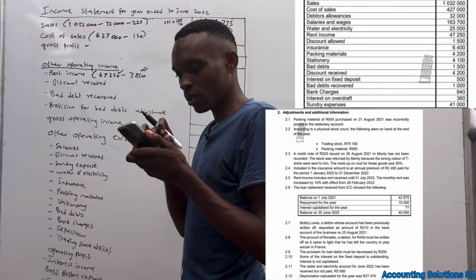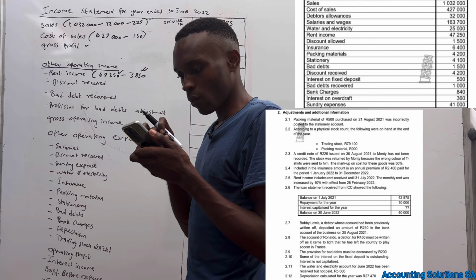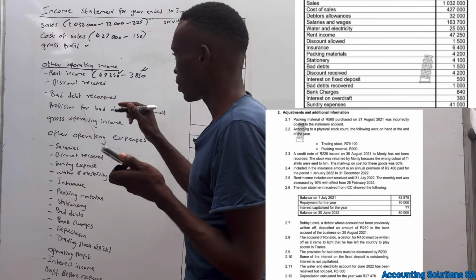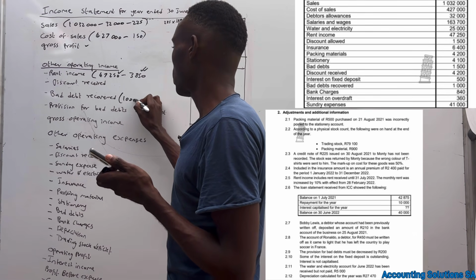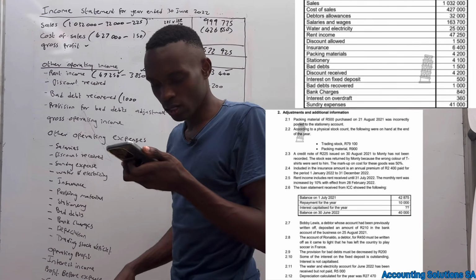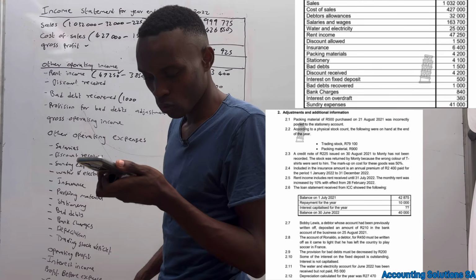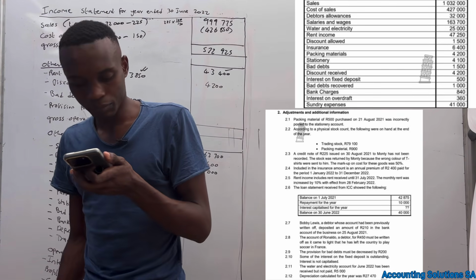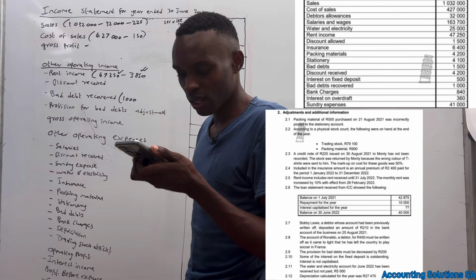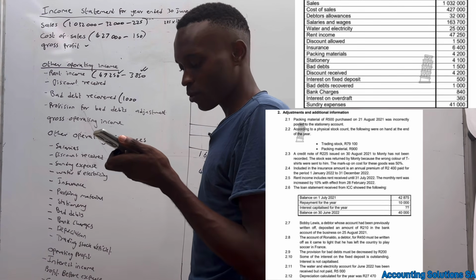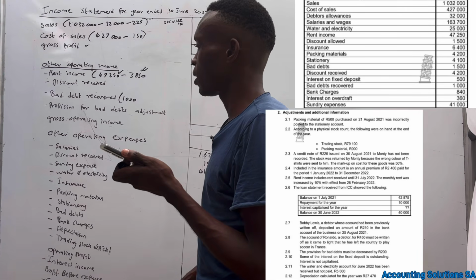If you check under our table, we have bad debts recovered of 1,000. And if you check additional information number 2.7, Bobby Lewis, a debtor whose account was previously written off, deposited. This one is bad debts recovered.